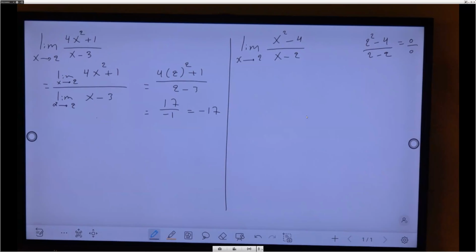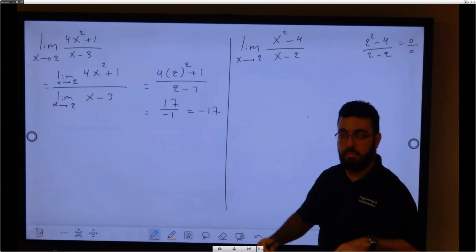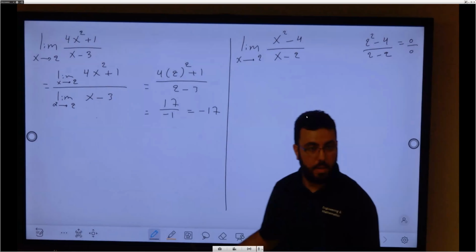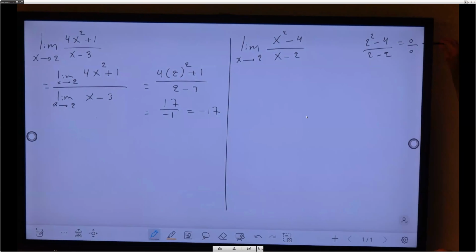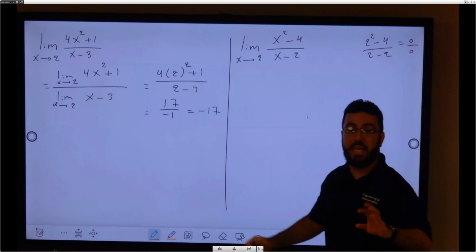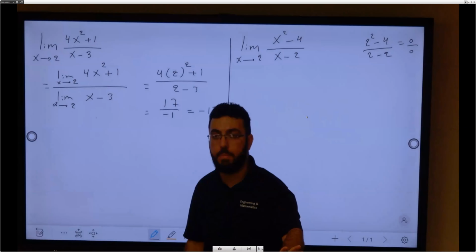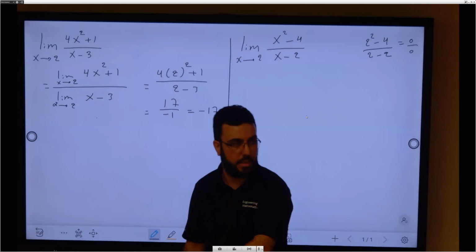Again, if it's 0 over a number, that means the result is going to be 0. If it's a number divided by 0, it's going to be undefined. That means the limit does not exist.